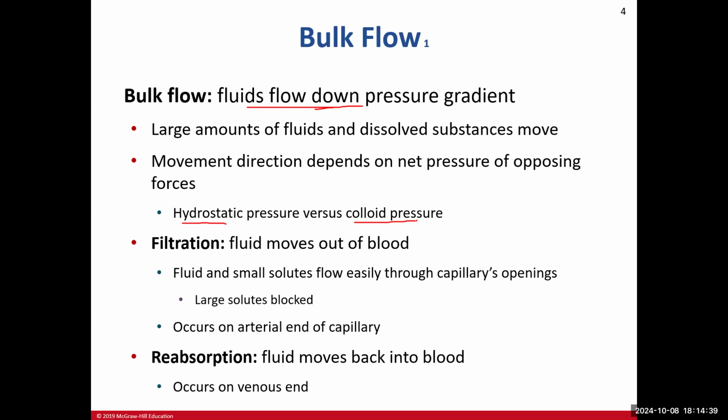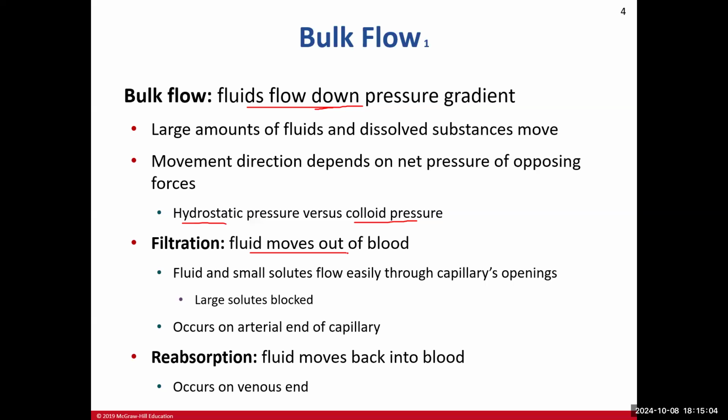We'll visit this again in Chapter 24 when we talk about the urinary system. But filtration, and make sure that you know this, when we talk about fluid, it's going to move out of the blood, so out of the capillary into the tissues. Out of the capillaries into the tissues. Again, it depends on what type of capillary we're talking about. We had the three different types of capillaries: the continuous, the fenestrated, and the sinusoidal.